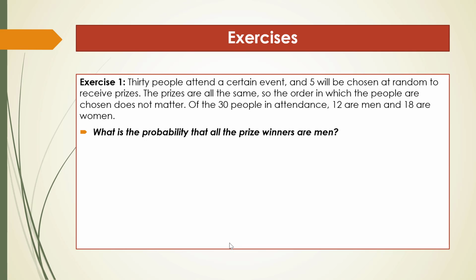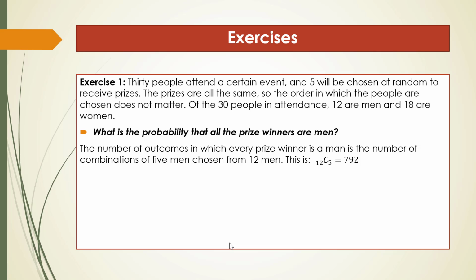So this is a problem of computing probability in which combinations are involved. To find the probability that all the prize winners are men, we first find the number of ways that we can select 5 prize winners from the group of men.